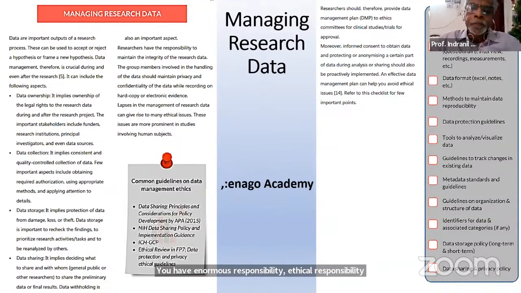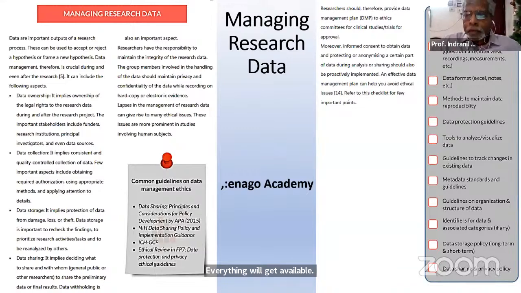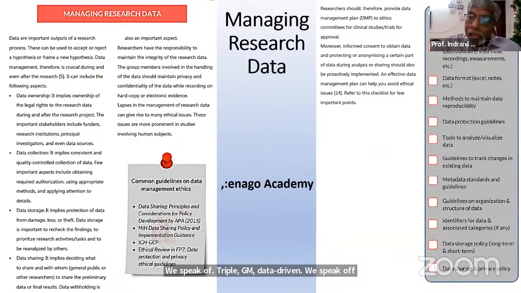Because today, everything is data-driven. We speak of triple DM, data-driven decision making. We speak of data which is in turn guiding even the theoretical processes. We are continuously checking whether the theories that you are developing, so it's a kind of co-development, co-evolution of the theory and data.